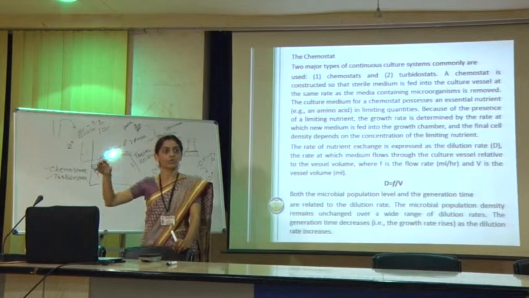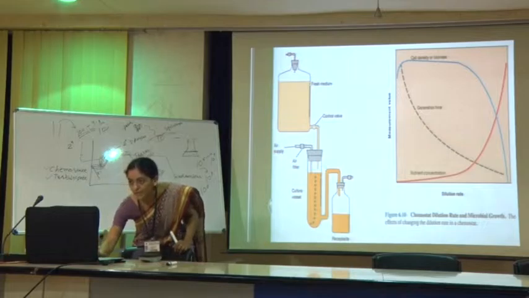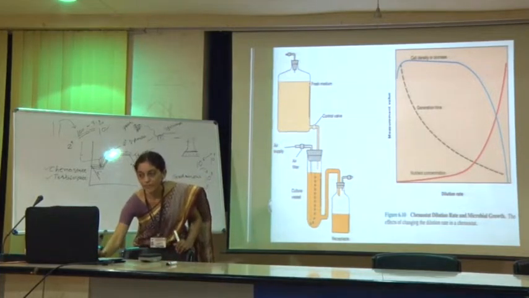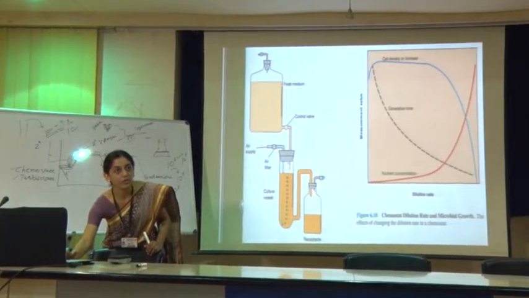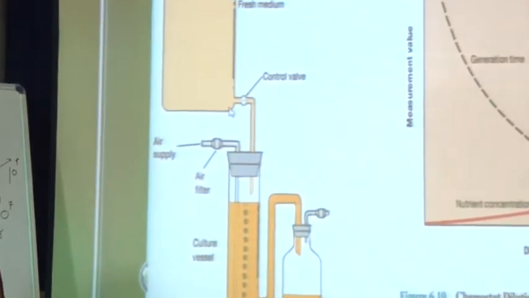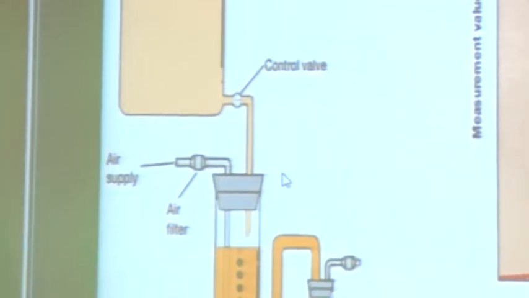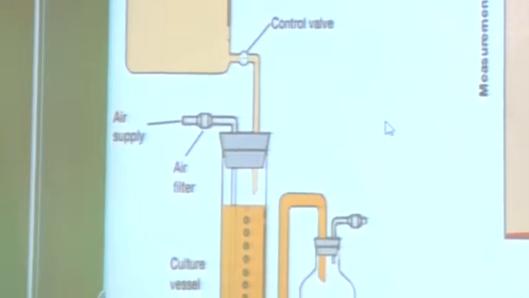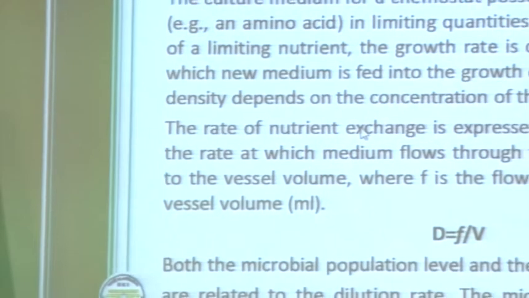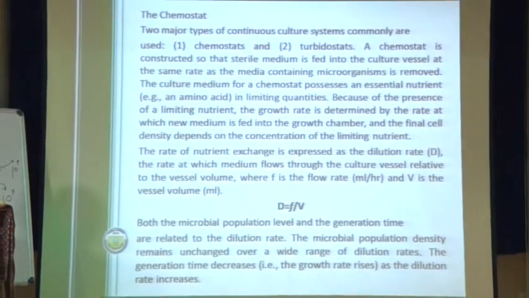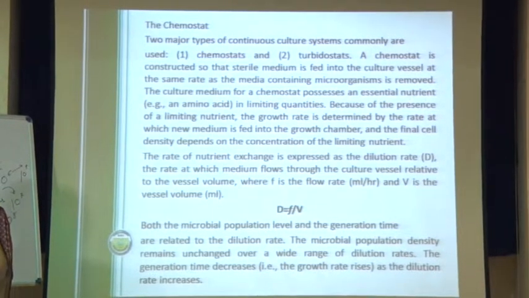From the fresh vessel to your control vessel, how many ml you are going to add per minute, that is F, the flow rate. So both the microbial population level and the generation time are related to the dilution rate.